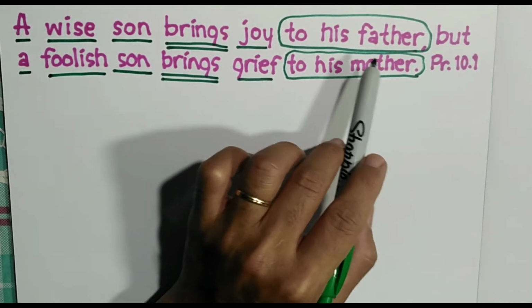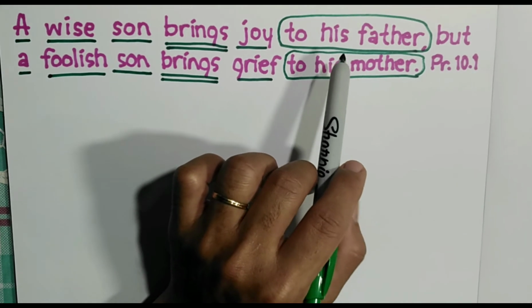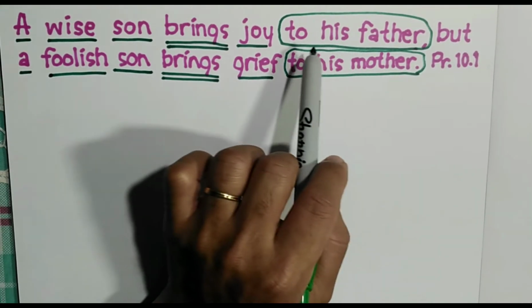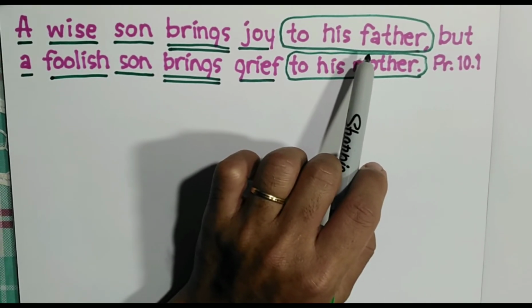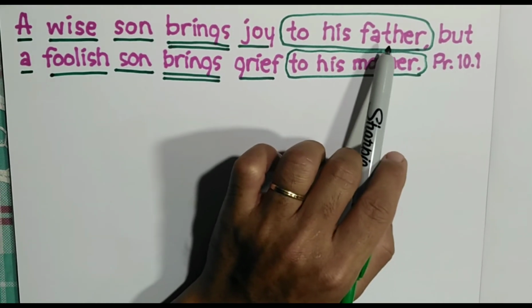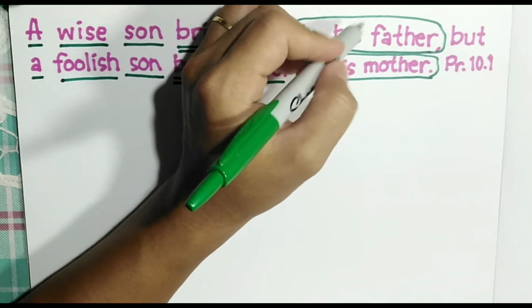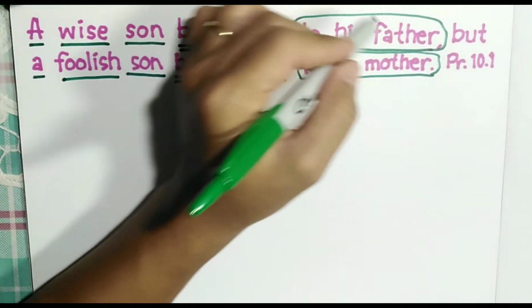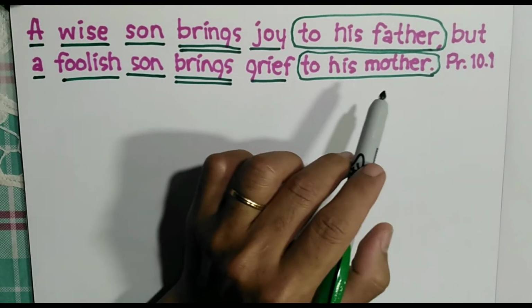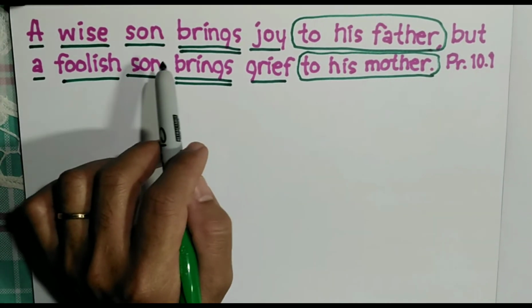A prepositional phrase has an object of the preposition. The object of the preposition to here is father. His describes the father. Whose father is that? The son's father.